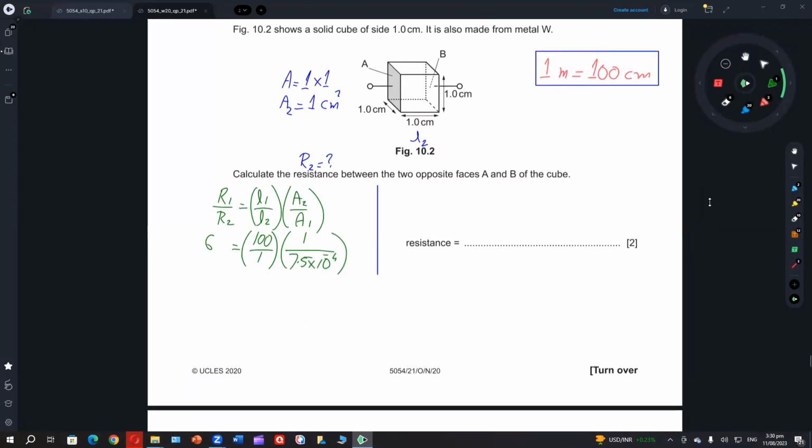Okay. And the second resistor is unknown. One is not necessary to be written.